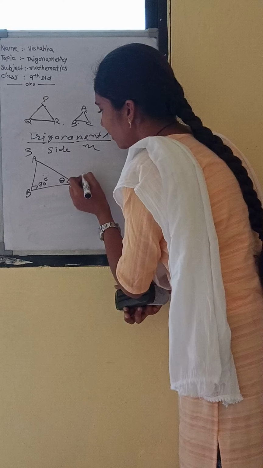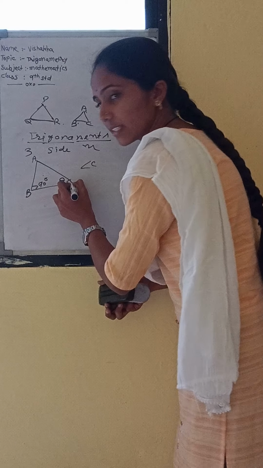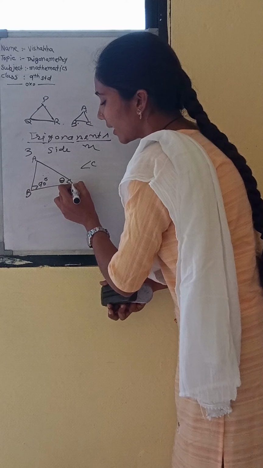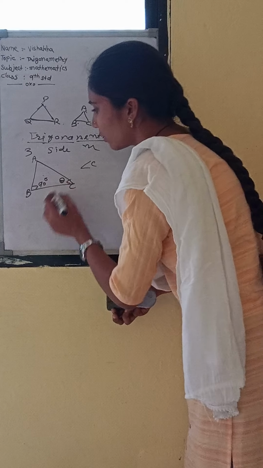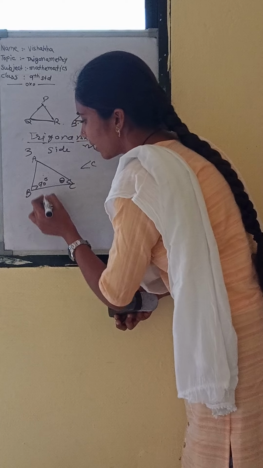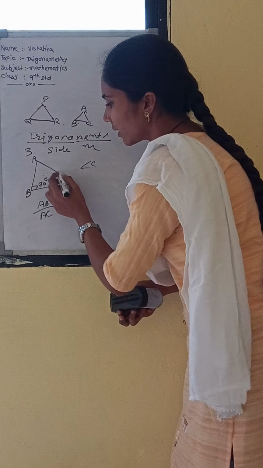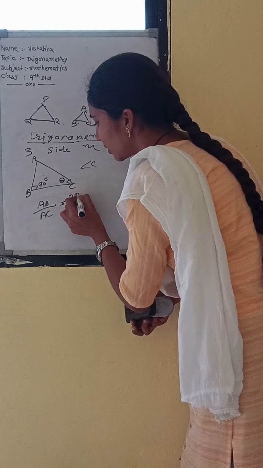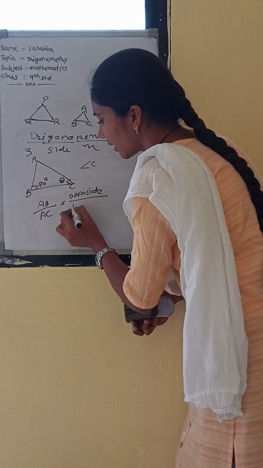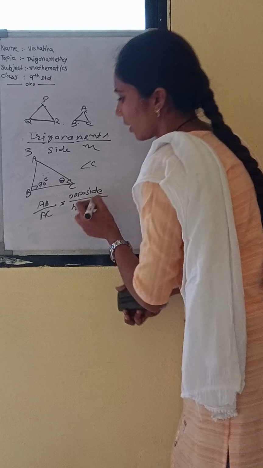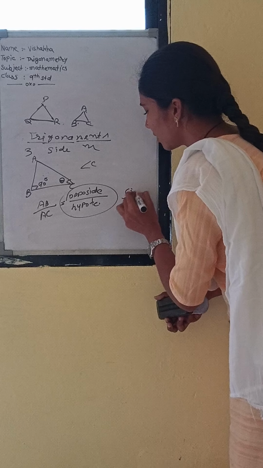If we consider the angle C, the side opposite to angle C is AB, and the side adjacent to angle C is BC. Now, AB by AC: AB is the side opposite to angle C, that is the opposite side, and AC is the hypotenuse. This ratio, opposite side upon hypotenuse, is known as the sine ratio.